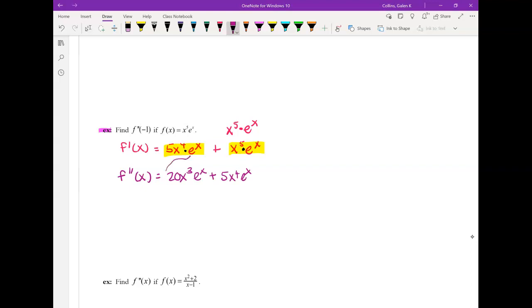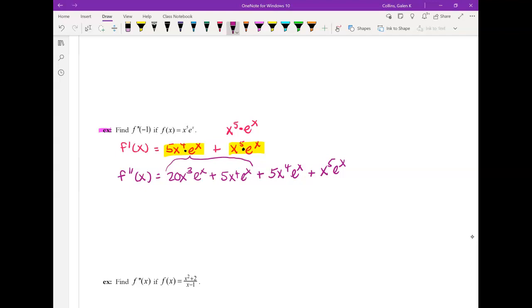That is all from that first term from the first derivative. The second term of the first derivative, we use the product rule again. Derivative of the first, 5x to the 4th times the second e to the x, plus derivative of the second times the first, x to the 5th e to the x.